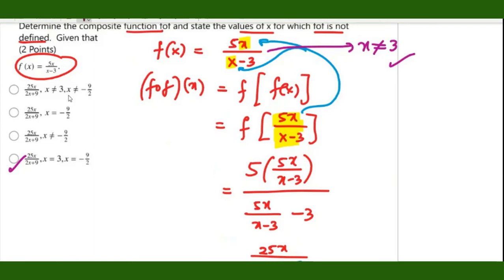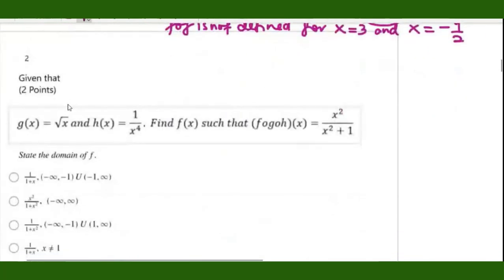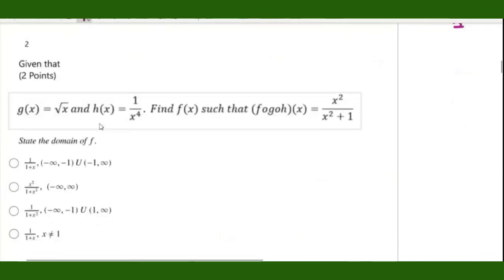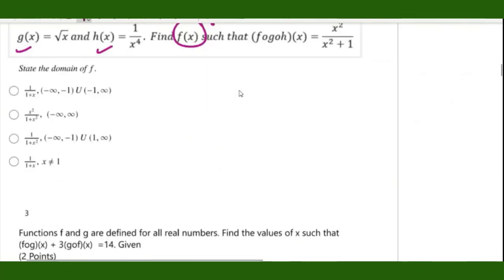Now, moving on to question number 2. We are given two functions, g and h, and we need to identify function f(x), given f of g of h is equal to x squared over x squared plus 1. This is also another composite function.